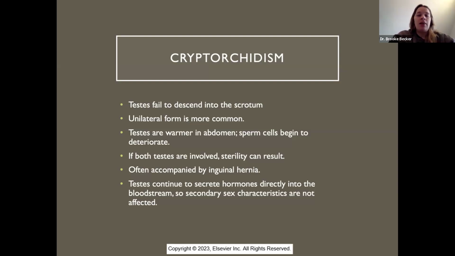Okay. The testes continue to secrete the hormones into the bloodstream. Okay. So secondary sex characteristics are not affected. So those hormones are still secreted. So kids will still progress through puberty. They just are more likely to have effects on their fertility.